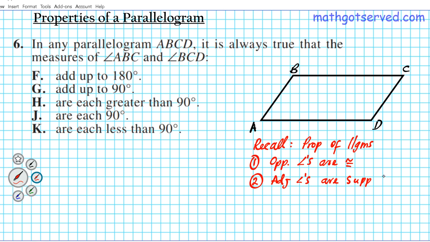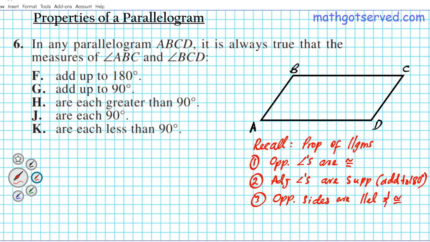What does supplementary mean? It means it adds to 180 degrees. And lastly, opposite sides of a parallelogram are parallel and congruent.